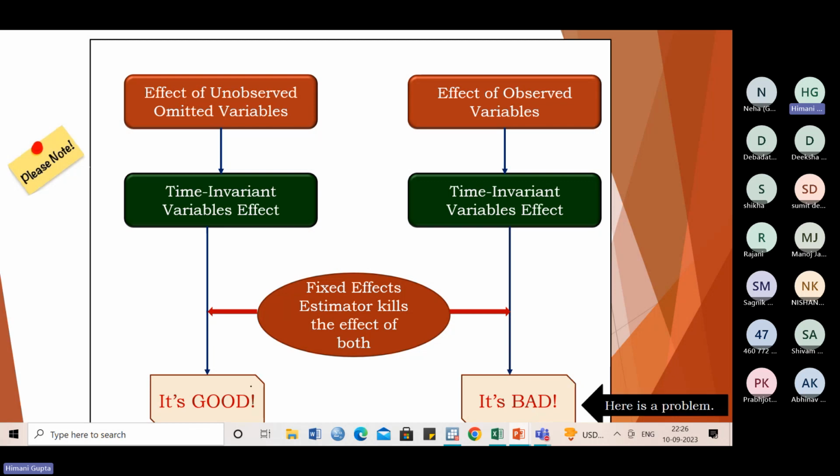But if you are not able to observe it and have not included it, that can be taken care of by the fixed effect model. But if the observable variable is there, it will not be taken care of by the fixed effect model. You have to include it there.